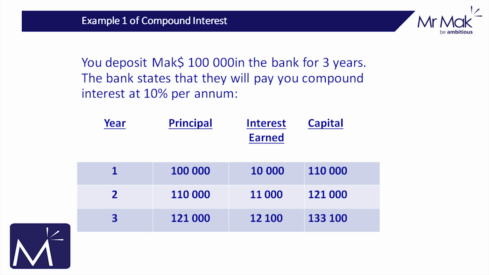That means interest in year 3 is calculated on $121,000. That results in interest being $12,100. At the end of year 3, the capital amount is $103,100. So with compound interest, the interest is added on to the original principal.